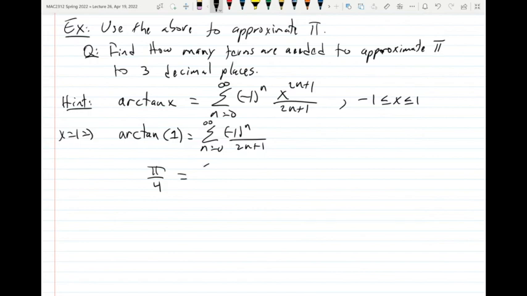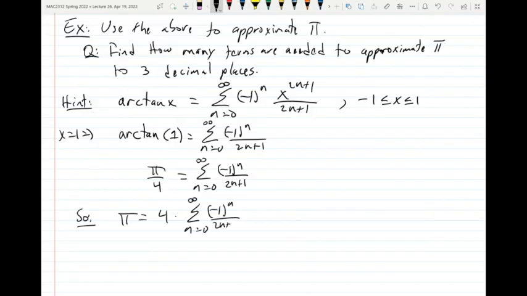So that means that pi over 4 can be computed by doing this series. Therefore, pi itself can be computed by doing 4 times this series, which you can bring inside, and you have (-1)^n times 4 over 2n+1. This equals pi.